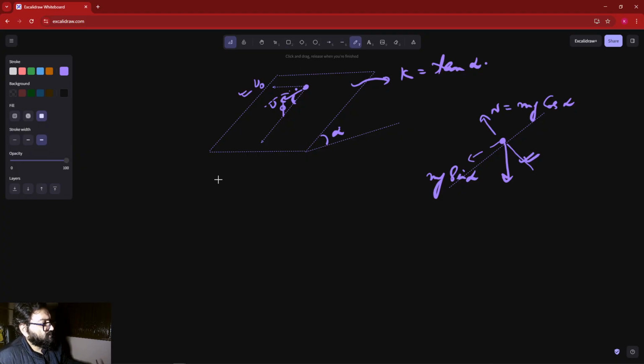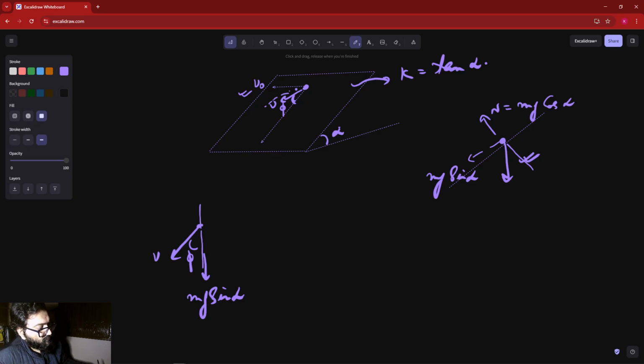It would be something like this, wherein, let's say, the body has a velocity v. With the inclined plane, it makes an angle of phi. Okay, in this same direction there is a force which is equal to mg sine of alpha acting in this direction.